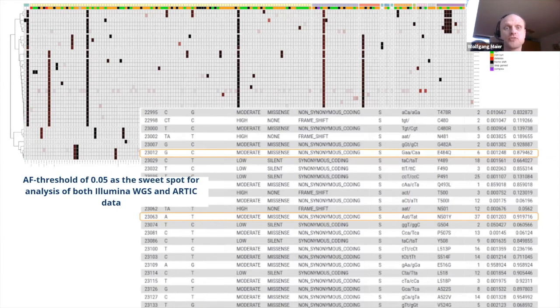The colors in the individual cells are the allele frequency. The darker, the higher the allele frequency. Black is an allele frequency of 1, so a fixed variant in that isolate.